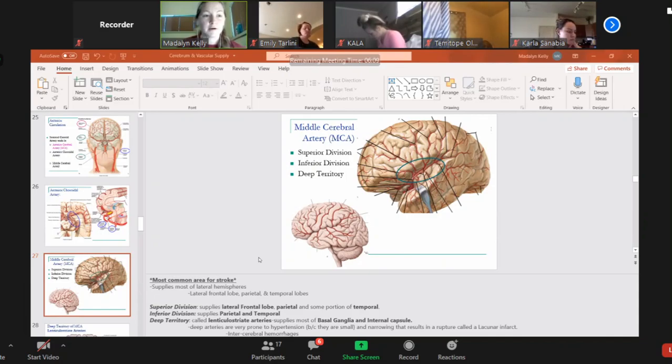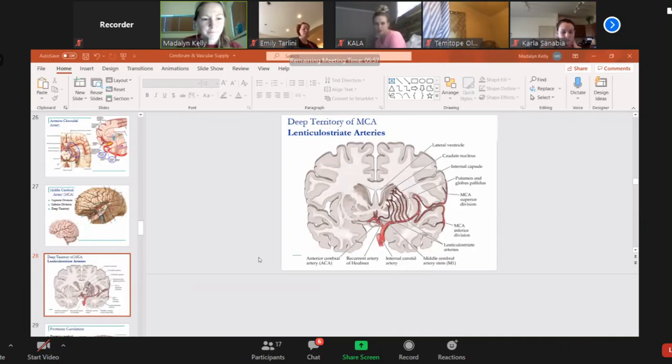I'll talk about the watershed later, but that's what I put in the group me: hypertension, I'm thinking lacunar infarct. Hypotension, I'm thinking watershed. So here's the internal carotid coming up. Here's the lenticulostriate going to the internal capsule.